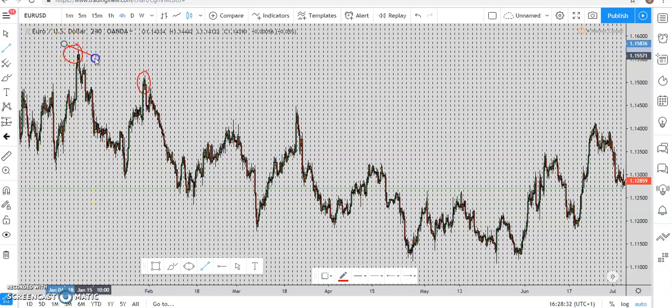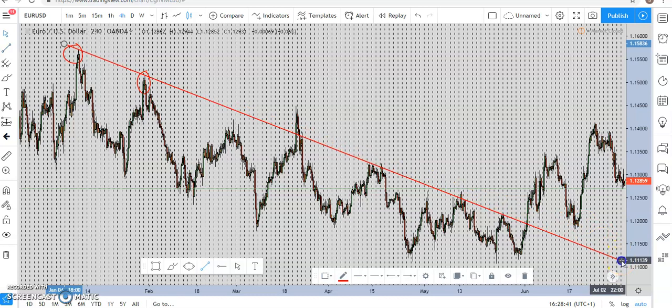Okay, so I project using the wick of the candlesticks. All right, so here we go.